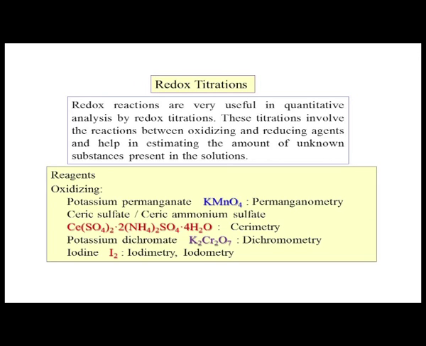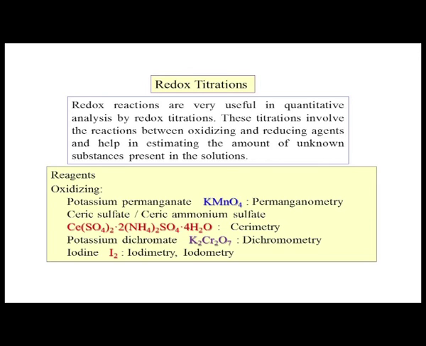Why are we having these 4 examples of redox titrations? Why are we taking so many of them? Because their E0 values are different. One of them can be highly oxidizing and the other is not.